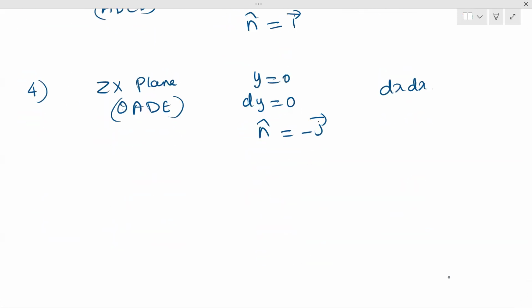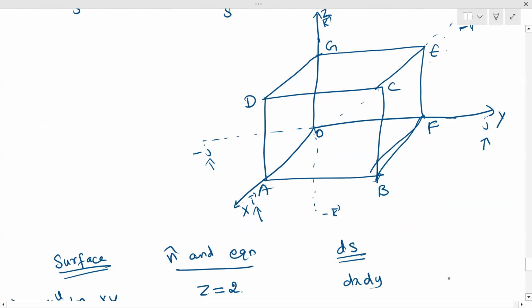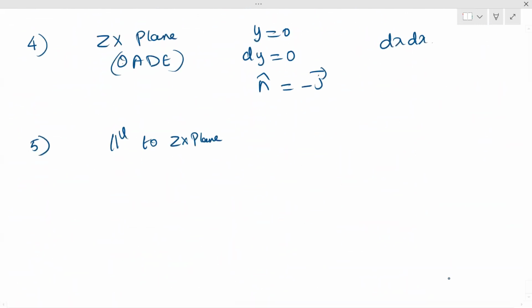The last one is parallel to the ZX plane. Which one is parallel to ZX? This one, CBFE. Here the unit outward normal vector is the j vector.